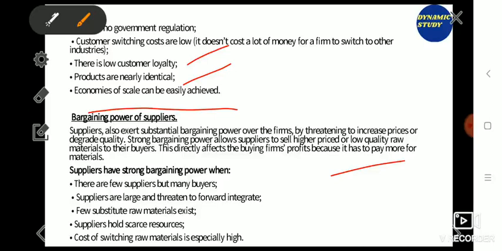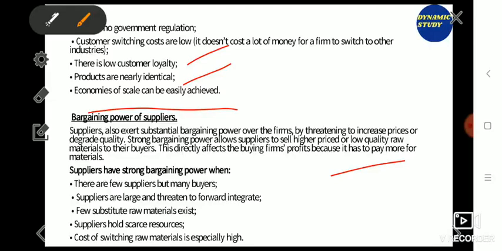If there is bargaining power of suppliers, then the suppliers can charge a high price for their products, and they can also degrade the quality of the product. And apart from that, this will also affect the buying firm's profit, because it has to pay more money for materials to the suppliers.